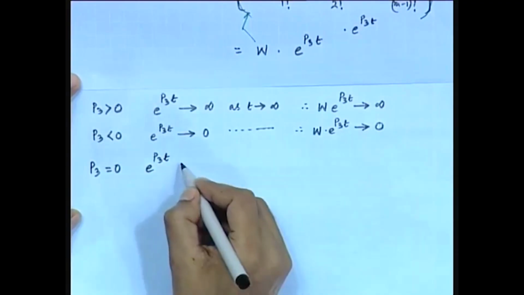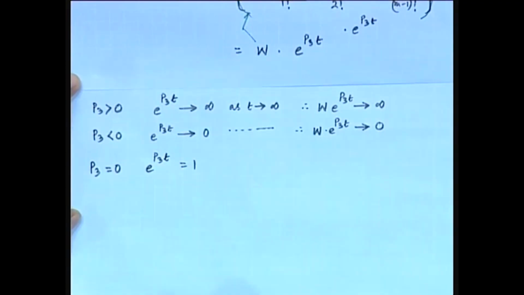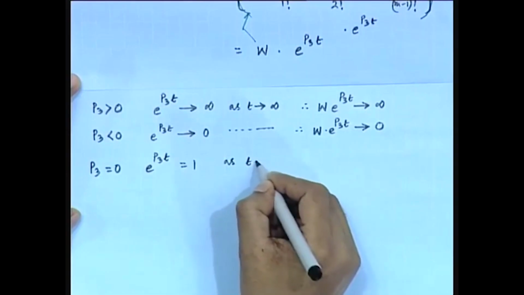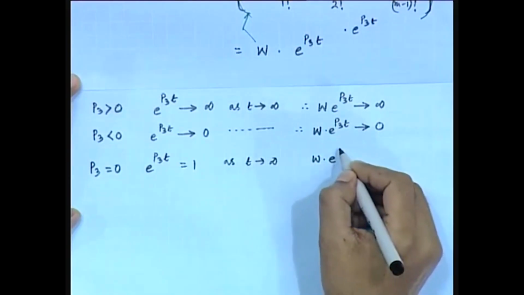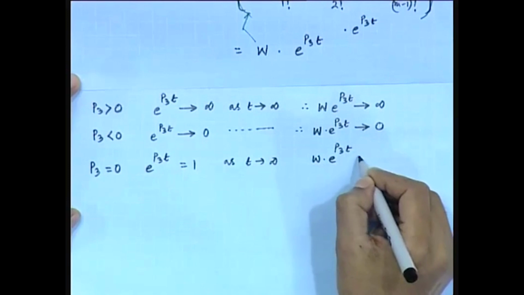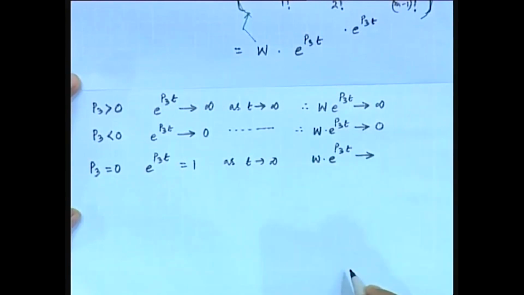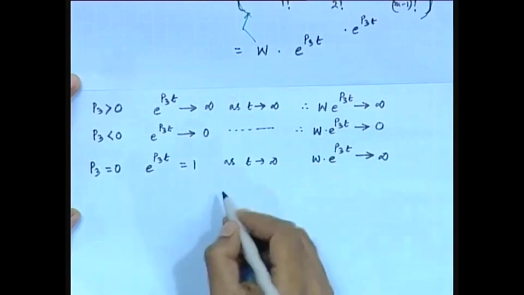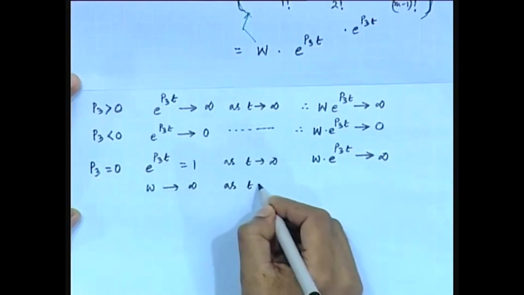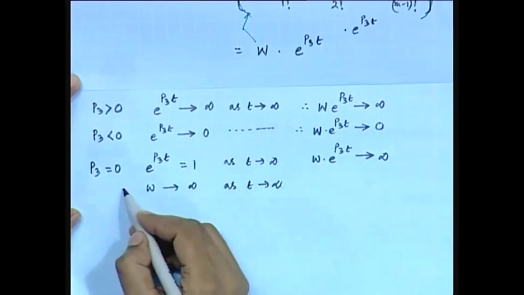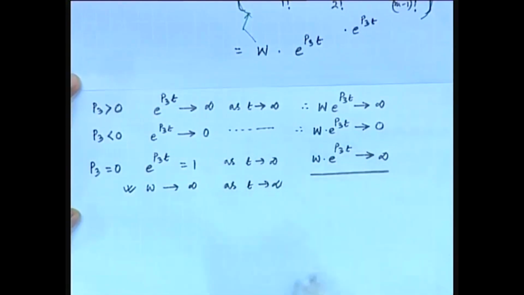And in the third case, if we consider P3 equal to 0, exponential of P3 t becomes unity, becomes 1 as t tends to infinity. So, what about this W multiplied by exponential of P3 t? It grows to infinity, due to this W, as t tends to infinity.